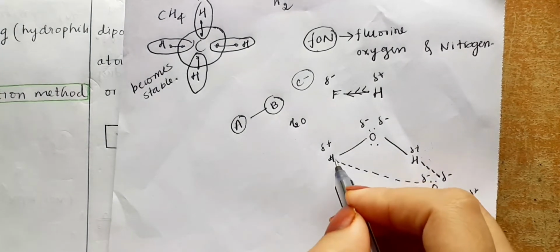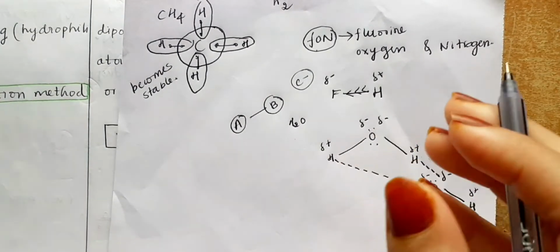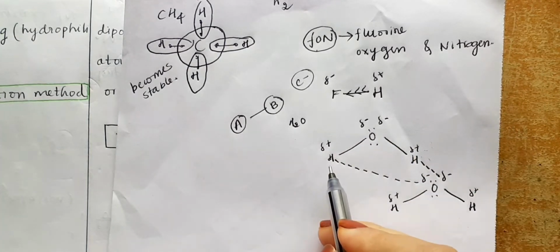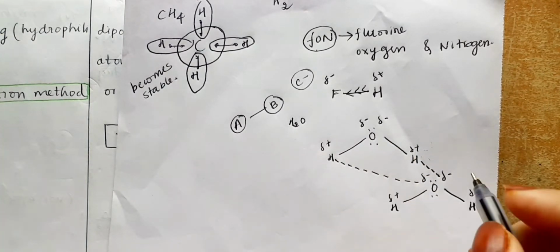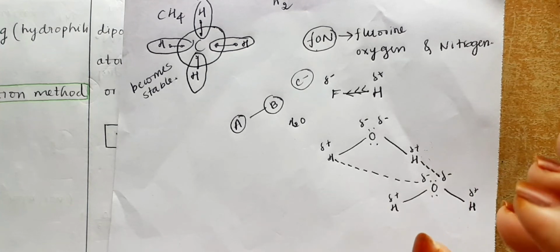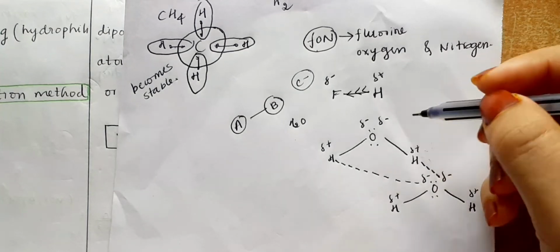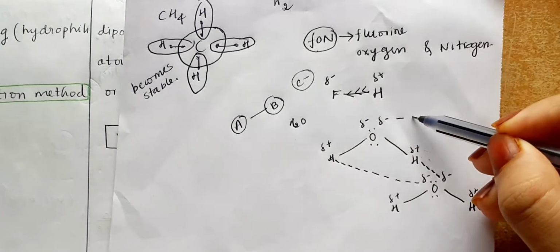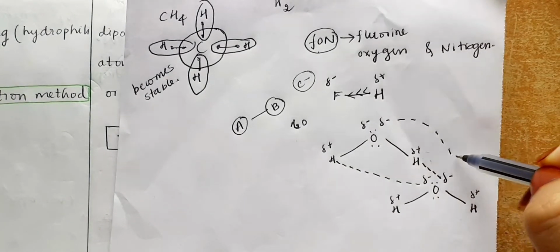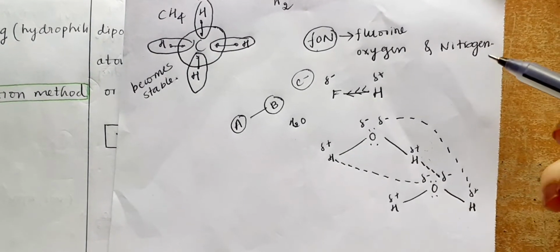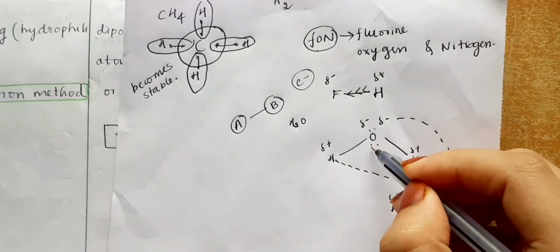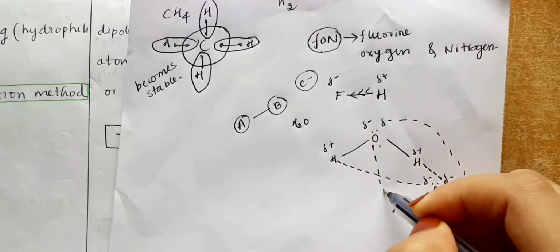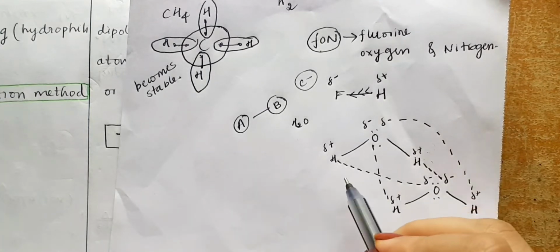In the same way, hydrogen which is partially positive, having less charge, starts to form a bond with the electron rich atom. Here also a bond is formed. Wherever there is a chance to form a bond, they will form a bond and become stable.